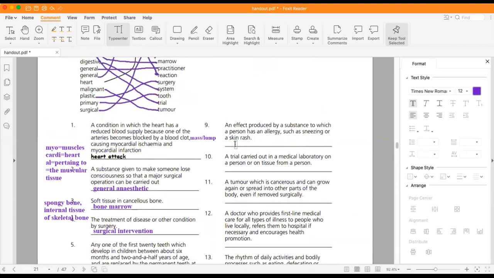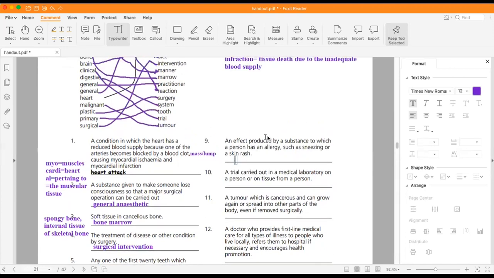Number 9, an effect produced by a substance to which a person has an allergy, such as sneezing or a skin rash. Of course, this is what happens if someone has an allergy towards something.